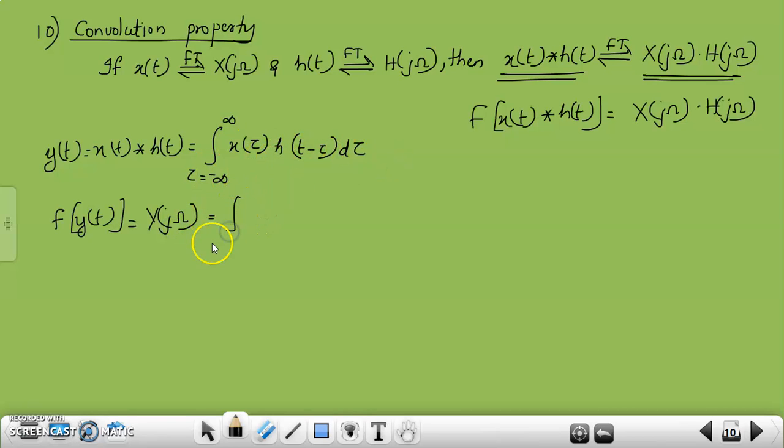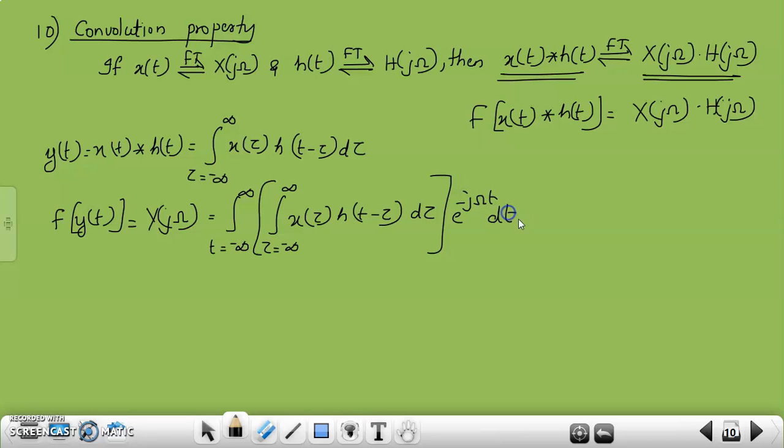That means the integral over t from minus infinity to infinity, of the integral over tau from minus infinity to infinity, of x of tau h of t minus tau d tau, into e raised to minus j omega t dt. Here you need to substitute t minus tau equal to p, so dt is equal to dp.